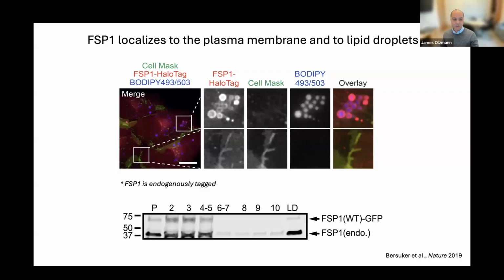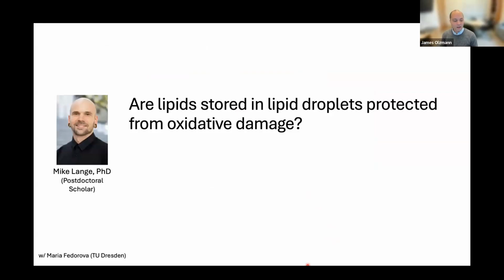We also biochemically fractionated cells. We could float lipid droplets on sucrose gradients, and you can see very nicely that a portion of FSP1 localizes to this lipid droplet enriched buoyant fraction. So this raised a question that's been addressed by a really talented current postdoc in the lab, Mike Longo, who's currently on the job market.